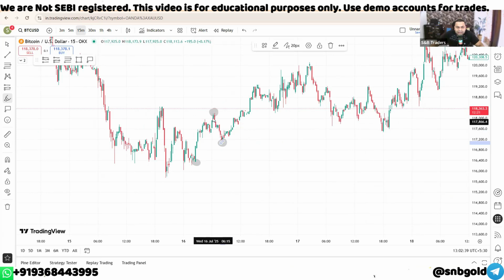So high, then another higher high, then higher low, then another higher high, and then higher low. Again higher high and then higher low. So this is how you identify a bullish market. It's very easy. So all you need to do is mark the high. ये हाई मार्क हुआ, उसके बाद it made another higher low and then higher high, higher low, higher high, higher low.